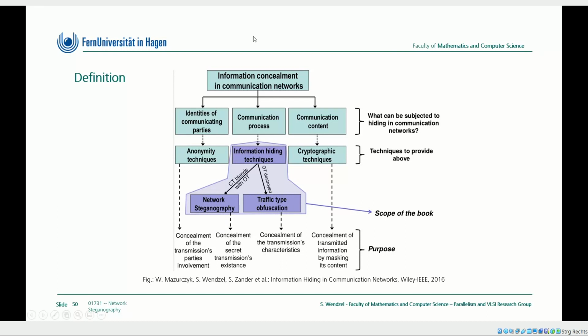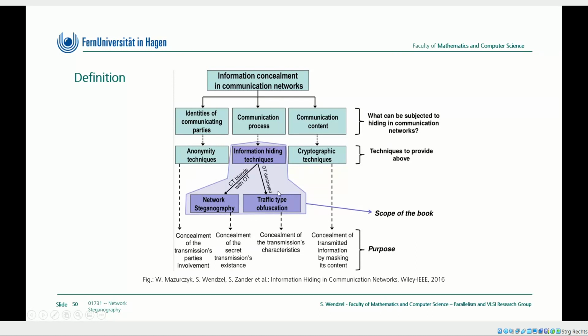However, we can also hide the communication process, and this is actually what we deal with in this class. And we use information hiding techniques to this end, and we can perform two different things here.